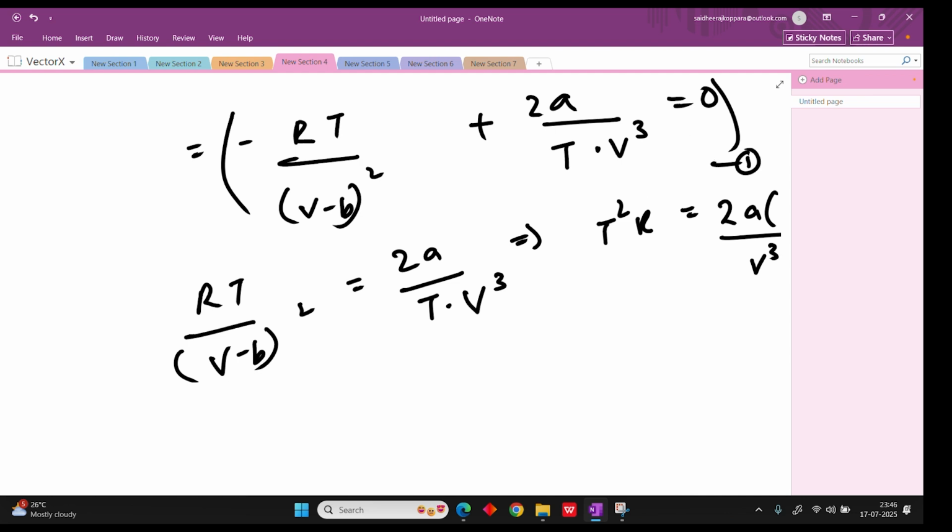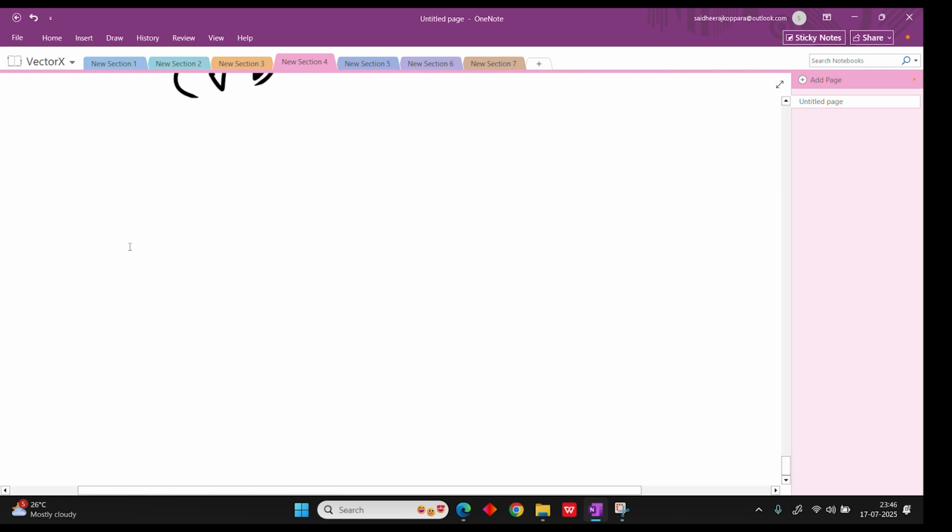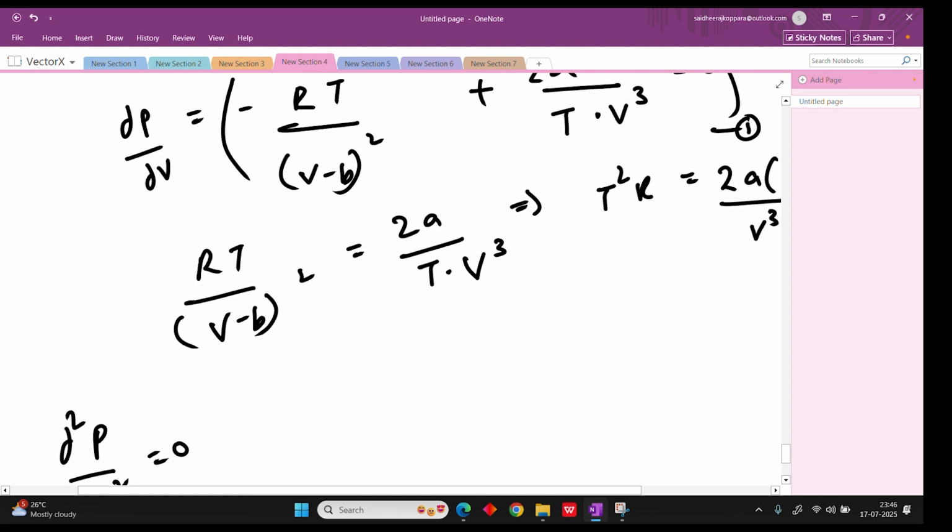Okay. Now this is your dou P by dou V. Now what you do is, as it's a point of inflection, this is also equated to 0.